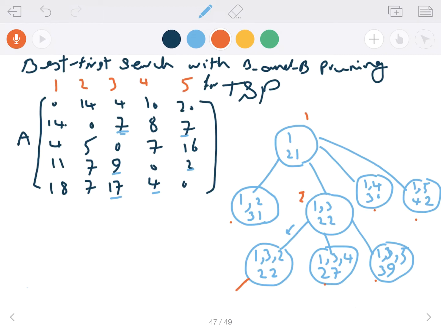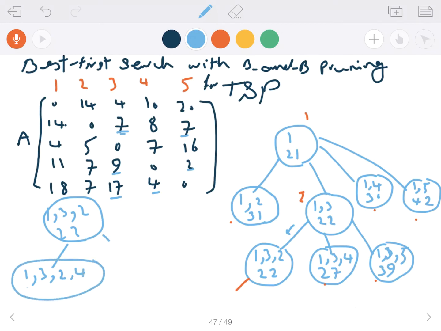So let's say that this is node 1, 3, 2 here, with 22. Now I'm going to expand it. One node will be 1, 3, 2, 4, and the other node will be 1, 3, 2, 5.